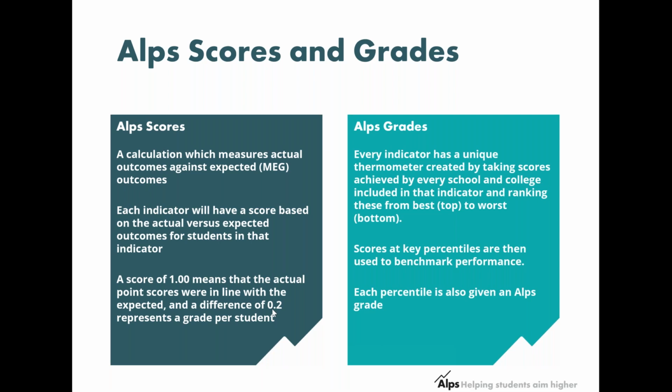Every individual indicator gets a score, and then we have to translate that into a grade using our thermometers. Every thermometer is unique, and I am going to go through that right now. The uniqueness of the thermometer means that we plot the Alps score against the thermometer, and we are then given a grade for that indicator.